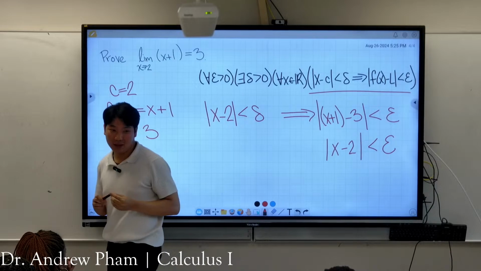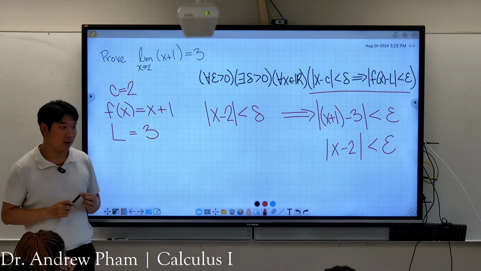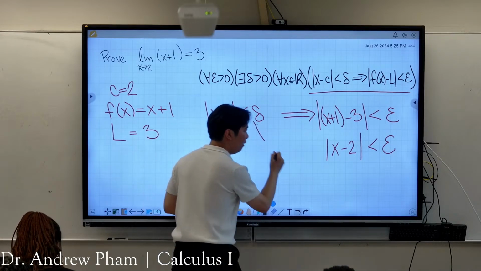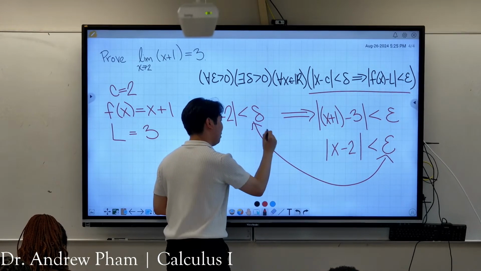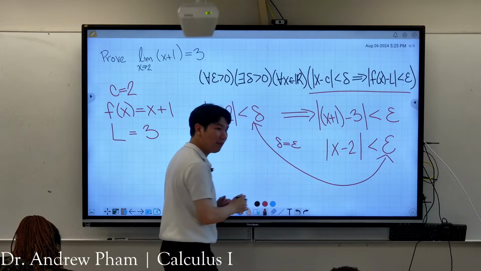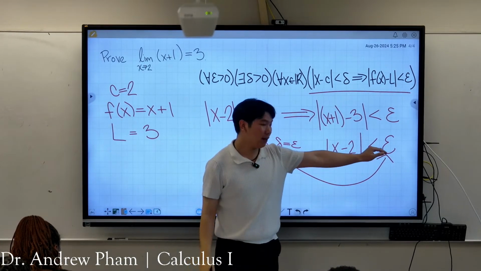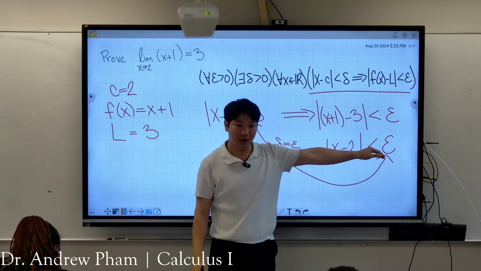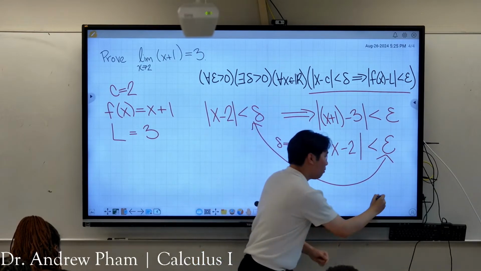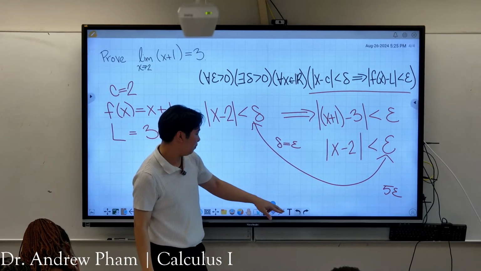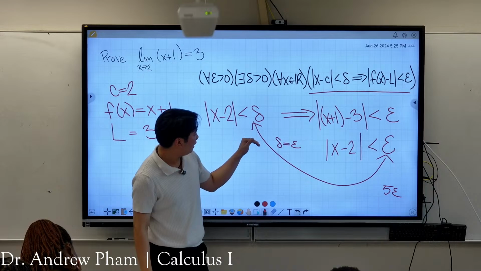What should delta be? If I want this to be also epsilon, let's just say delta is my epsilon. What would you say delta would be if this was somehow 5 epsilon? Let's say that somehow this was 5. If I want these to match, well, 5 delta.